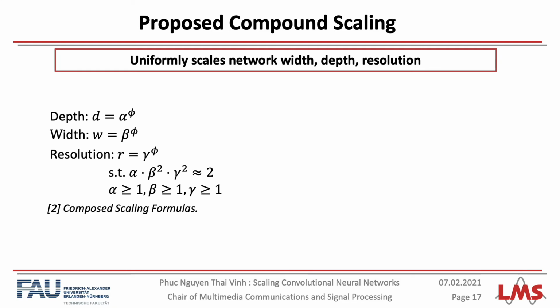Subject to the constraint alpha times beta squared times gamma squared is approximately 2.